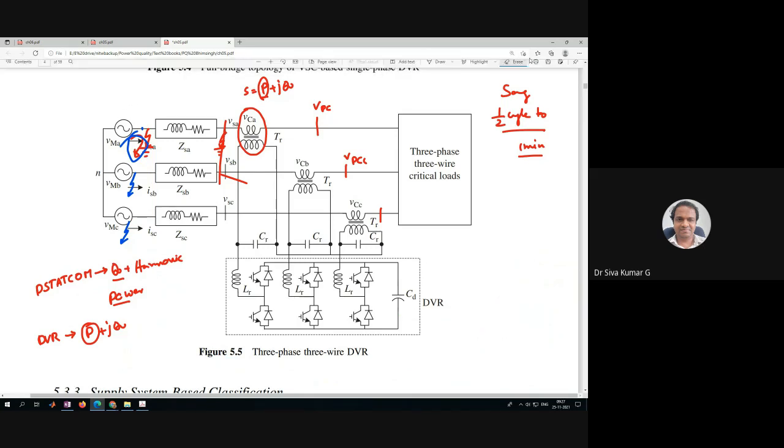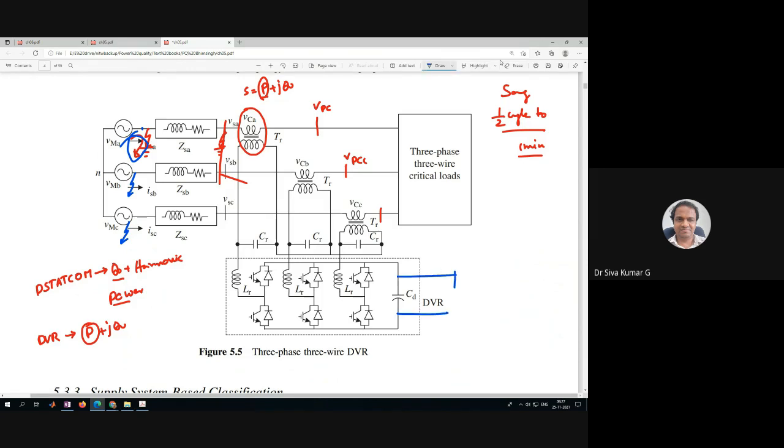Sometimes what they do is try to have a battery, and use some kind of DC-DC converter, and then they have the battery here. This is a technically valid kind of connection.